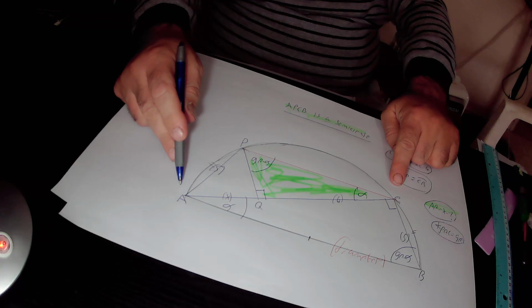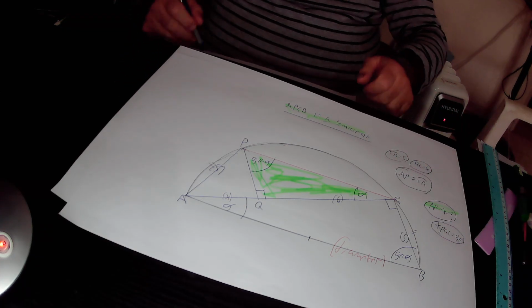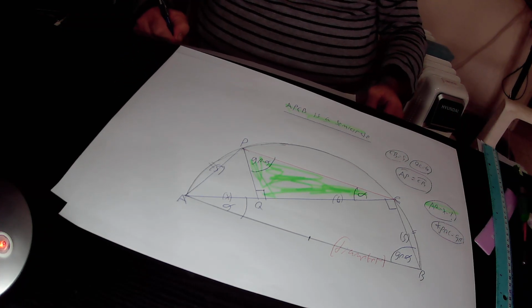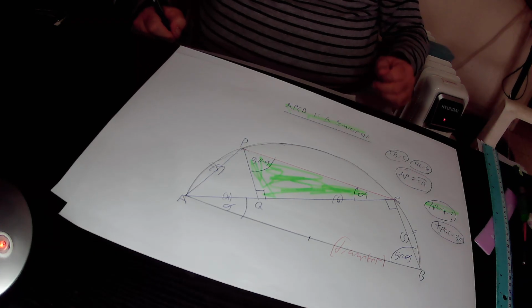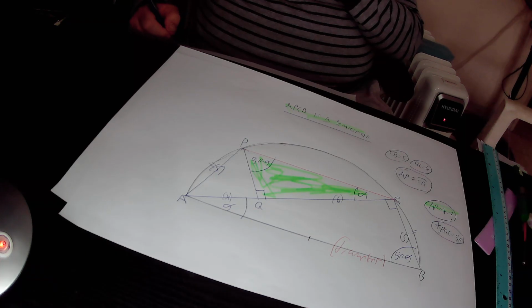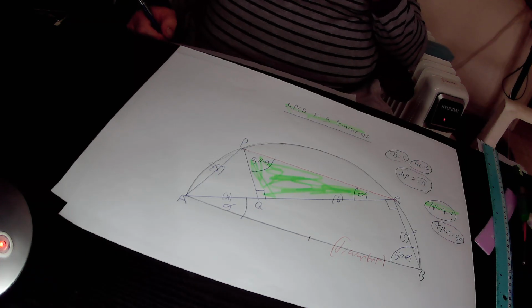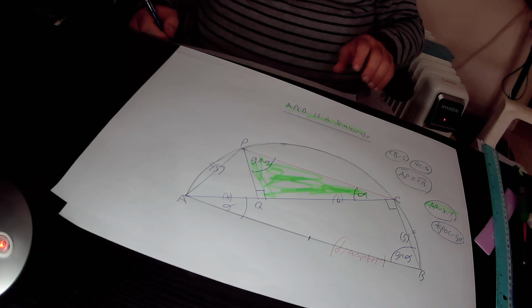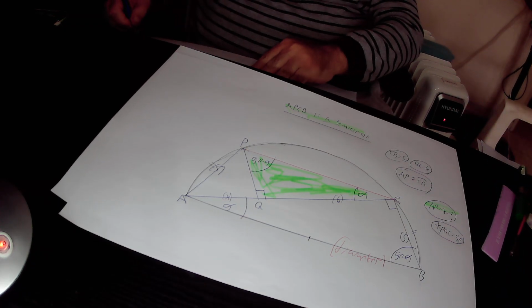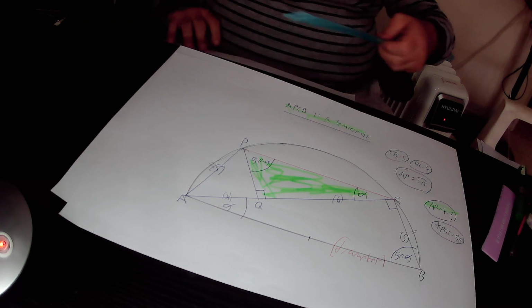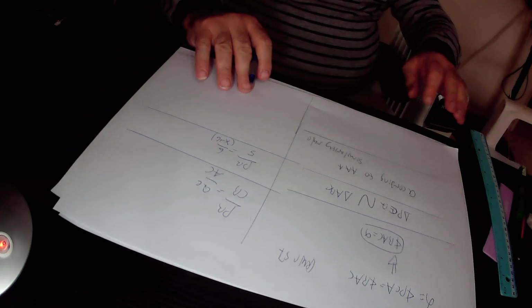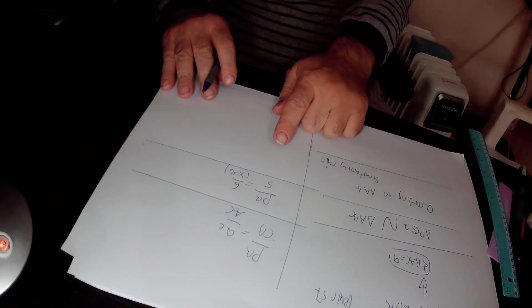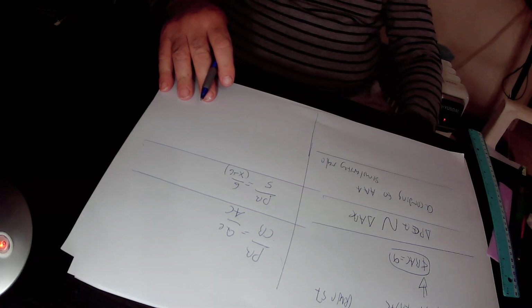So in total, AC equals x plus 6 units in its length. So we found that PQ over 5 equals 6 over x plus 6.